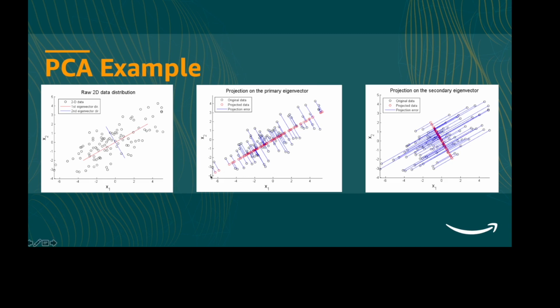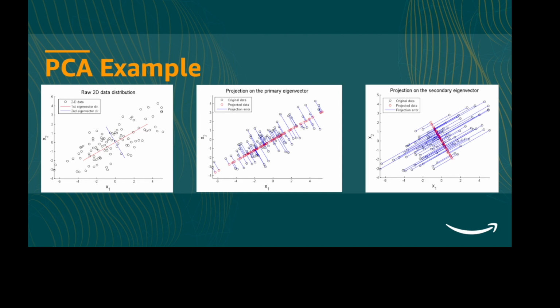And the image in the center is exactly about that. The red data points are the points which are projected on the red line, and if you see, the variance is highest. Also theoretically, this red line is the first eigenvector, or the eigenvector with the highest eigenvalue of the covariance matrix, right?